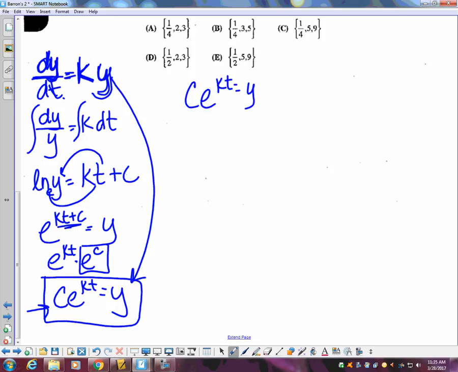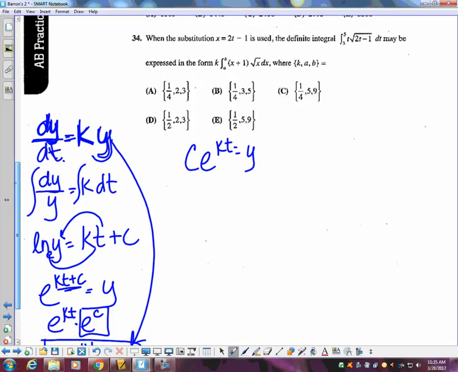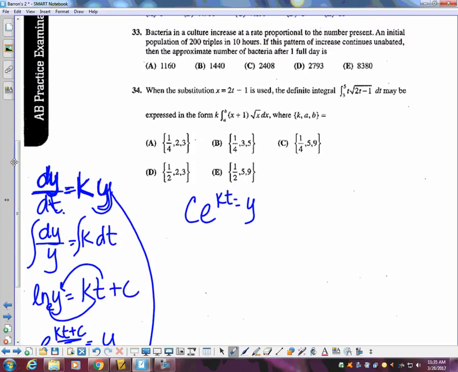Okay, now it says that an initial population of 200 triples. So when time is 0, my initial population is 200, and I end up with 600.